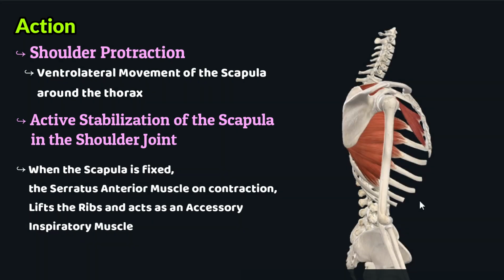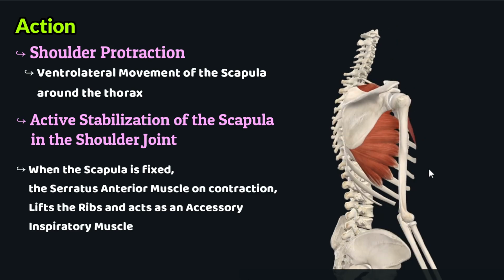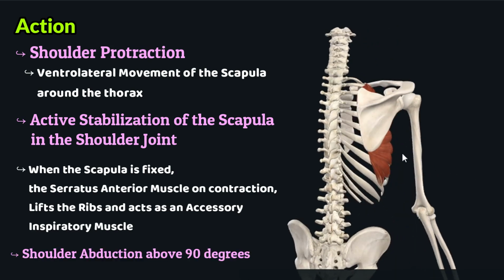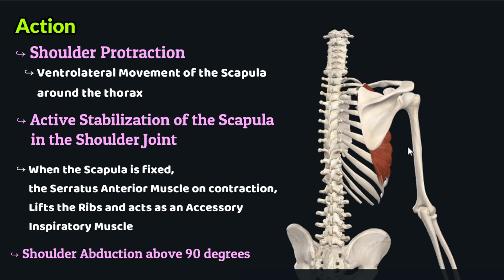Another most important function of the serratus anterior muscle is shoulder abduction above 90 degrees. When this muscle contracts, it acts on the lower part of the scapula, tilts the scapula and shifts the shoulder joint upward, and hence it helps in shoulder abduction above 90 degrees.